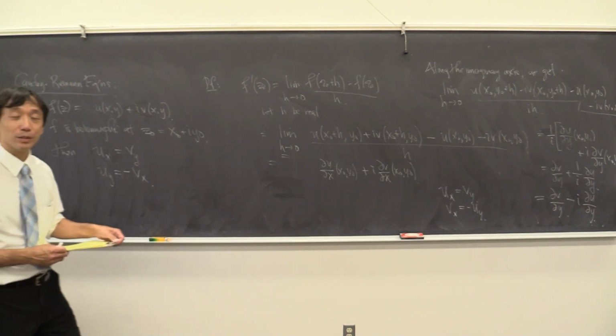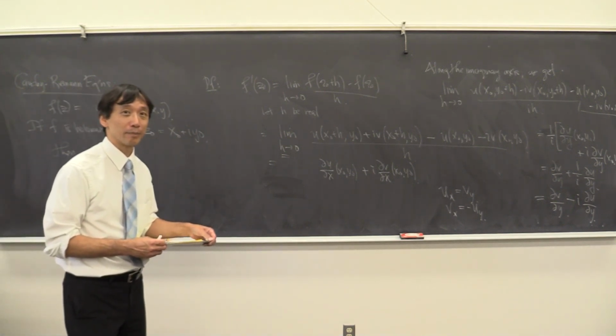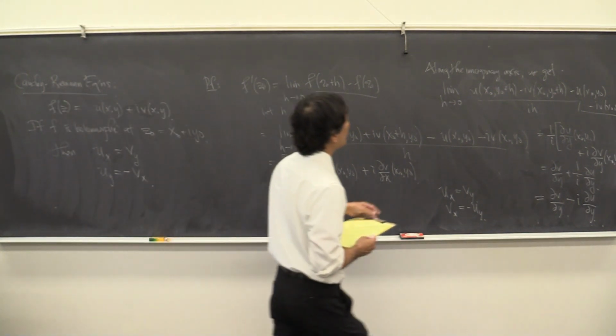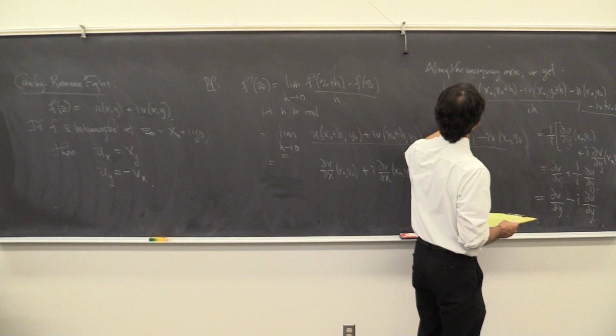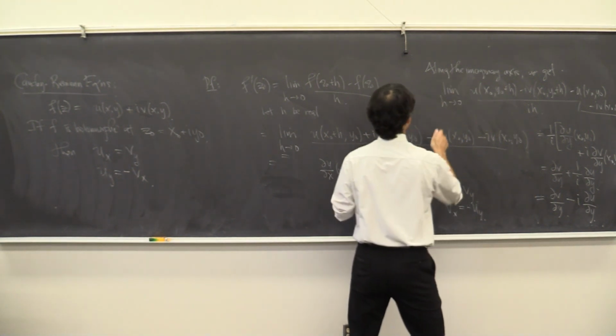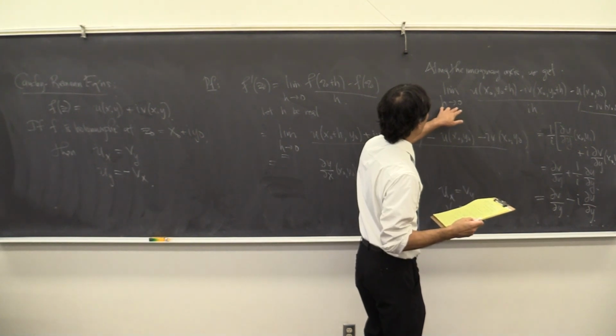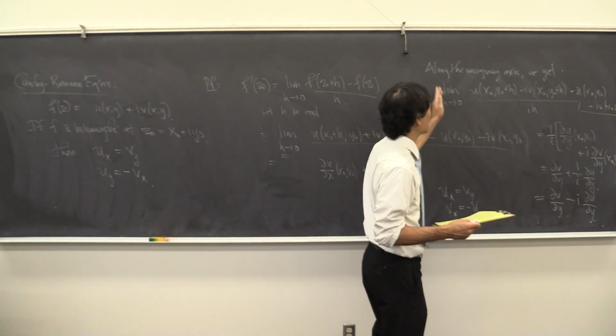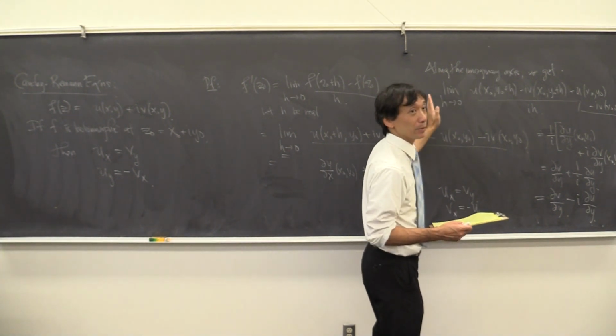Okay. Yes, JN. I may have missed it, but could you reiterate the purpose of the ih on the bottom? Well, we're letting this change approach 0, but the change is going to go to 0 along the imaginary axis.